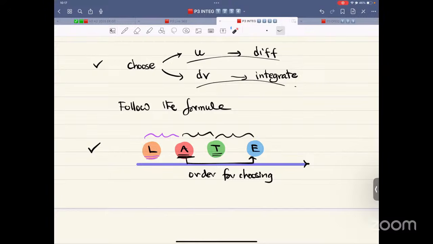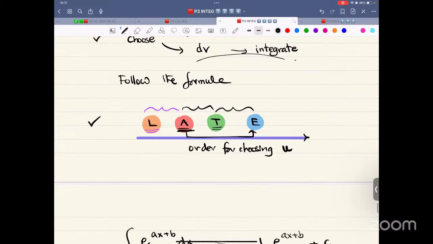Then we apply this concept that is LATE. L for log, A for algebra, T for trig, E for exponential. This is the order for choosing u.